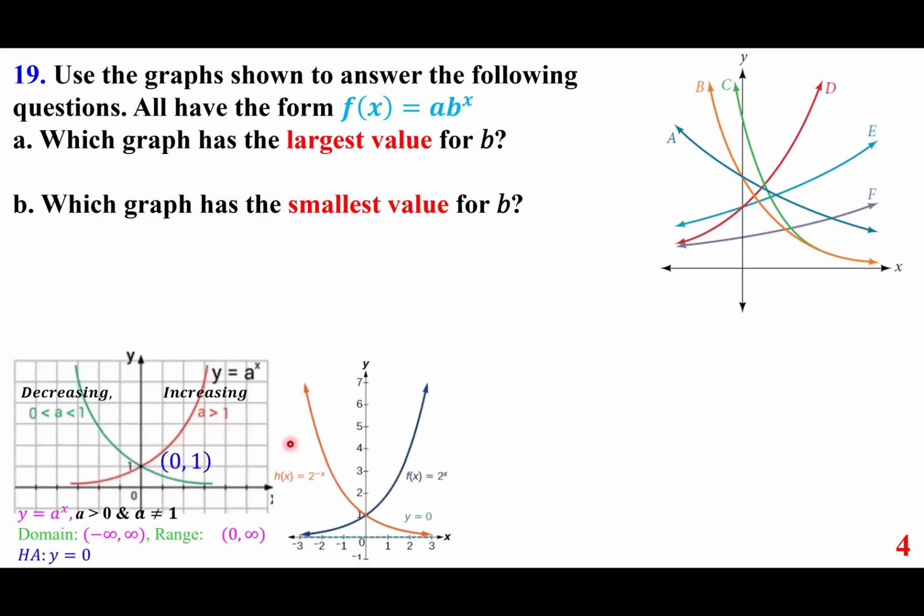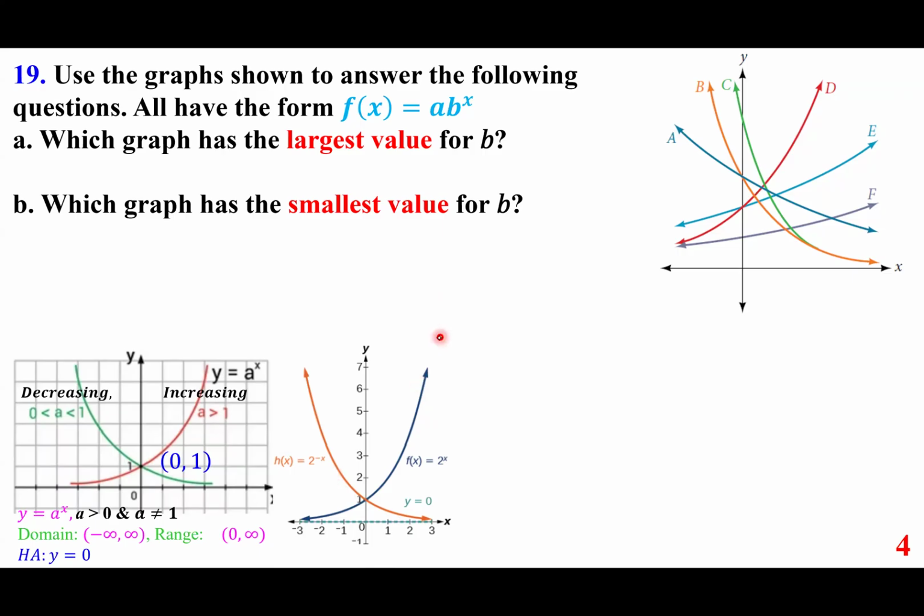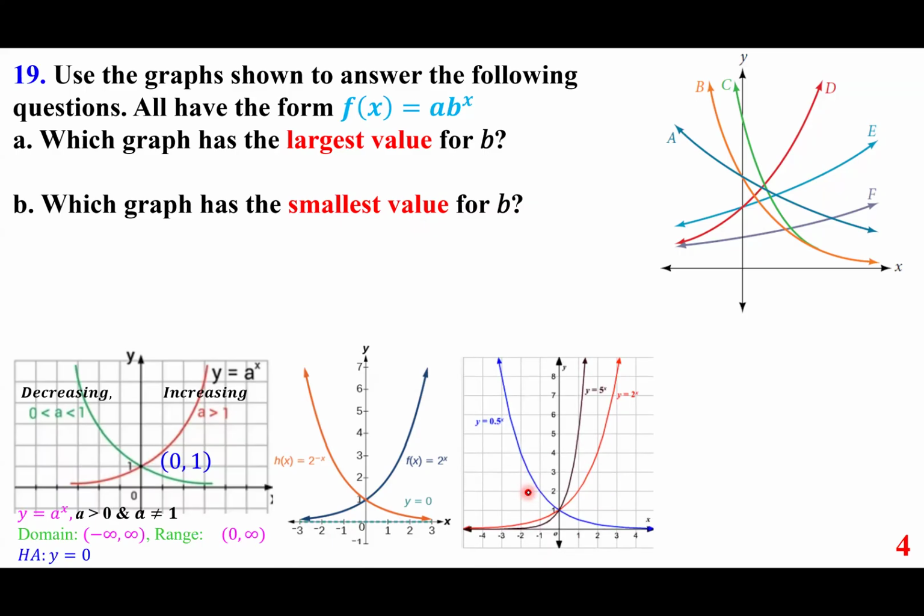As an example, 2 to the power of x versus 2 to the power of minus x, they are symmetric with respect to the y-axis, okay? And of course, this is your horizontal asymptote, y equals 0. Now, what happens if we look at functions with different bases? As an example, y equals 2 to the power of x versus y equals 5 to the power of x versus y equals 0.5 to the power of x.